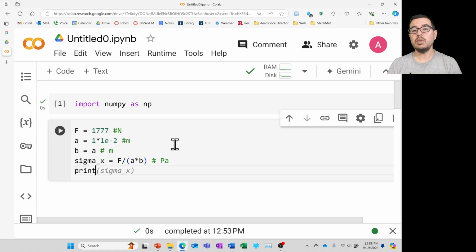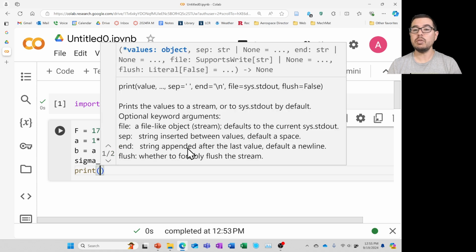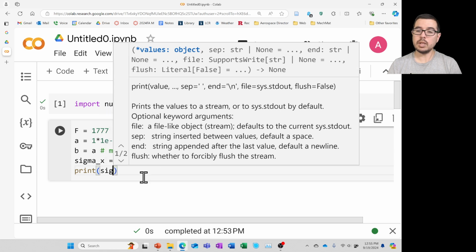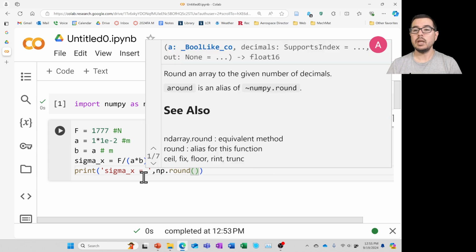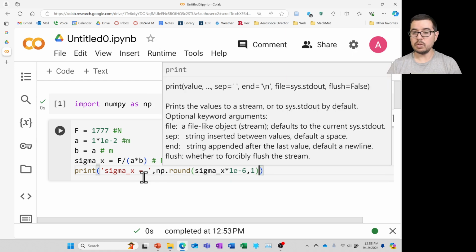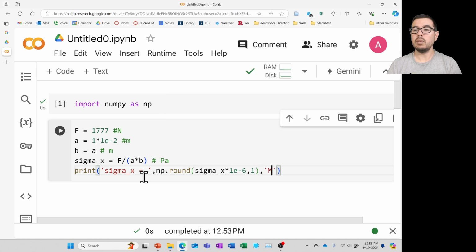Now, you could write another line to convert it over to megapascals in terms of a variable, but I usually leave it just as it is, and I'll do something more like this, where I say sigma x is equal to, and then I call the round function, okay, then I'll do sigma x, and then I'll multiply by 1e-6, and then let's say we round to the first decimal place, and we type in MPa, just like that.